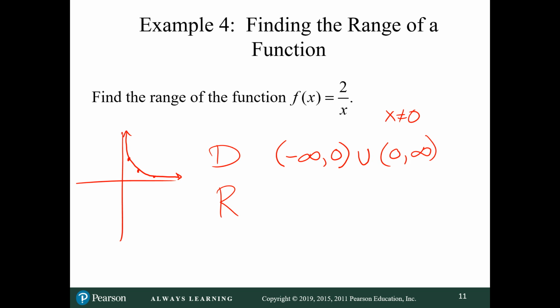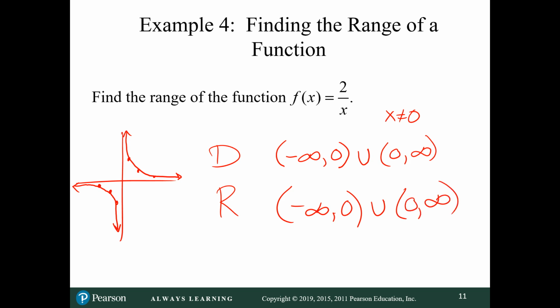Okay? If we try negative numbers, 2 divided by negative 1 is negative 2. 2 divided by negative 2 is negative 1. 2 divided by negative 3 is negative 2/3. It goes like this. So what's the range? Well, the range goes from negative infinity to 0, and it also goes from 0 up to infinity.